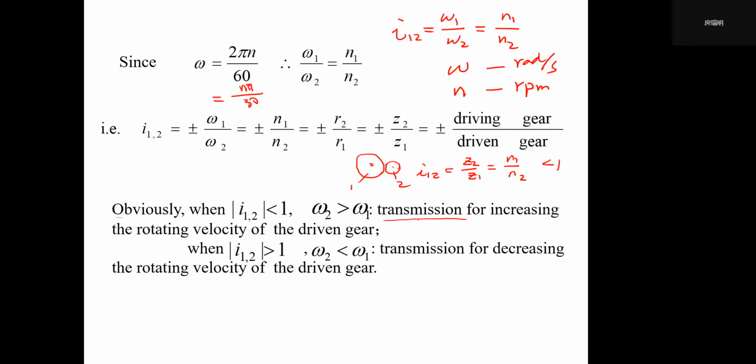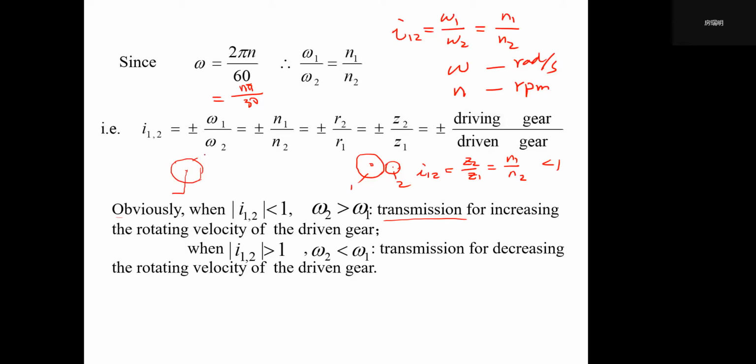You can think about when you ride a bicycle. Although it's not a gear, it's more like this. When you are riding a bicycle, this bigger one is where we use our pedal, right?